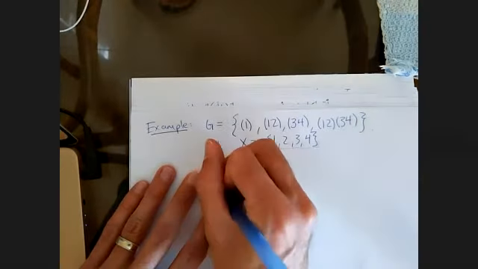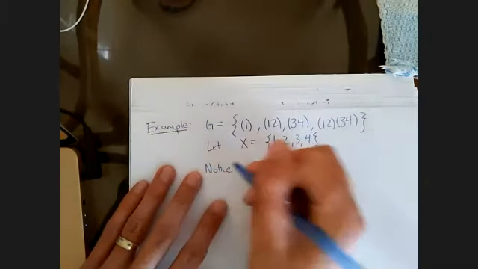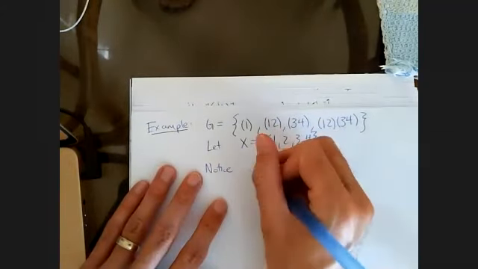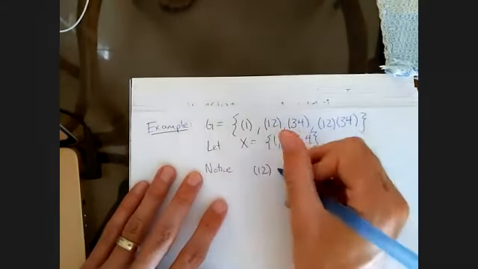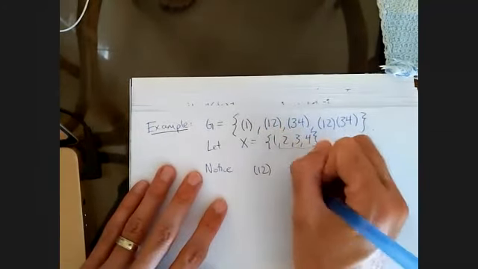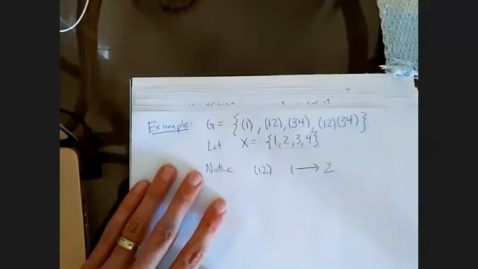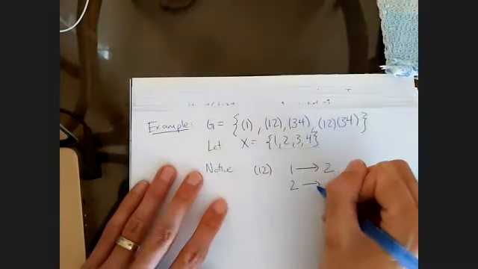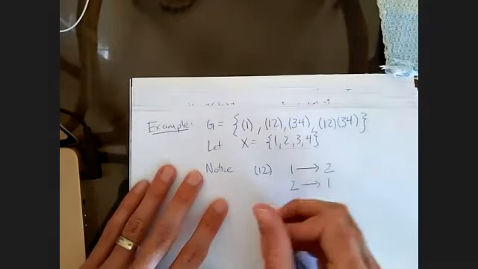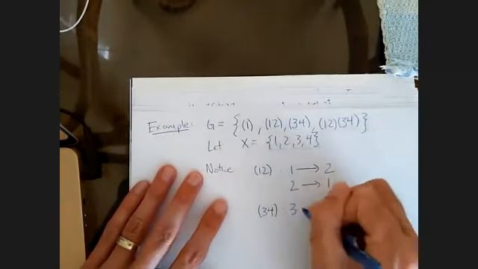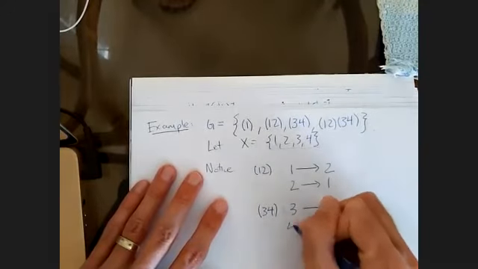So notice we can get from 1 to 2. The transposition (1 2) sends 1 to 2 and 2 back to 1, and the transposition (3 4) sends 3 to 4 and 4 back to 3.